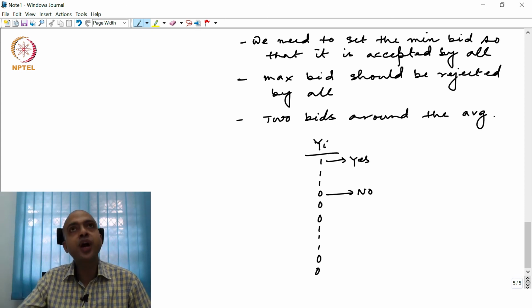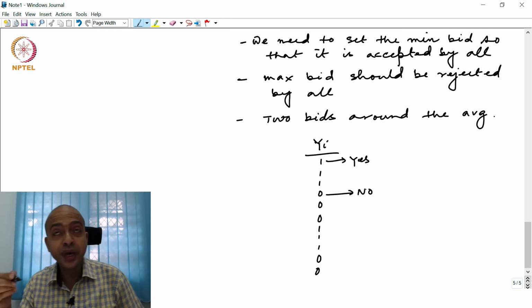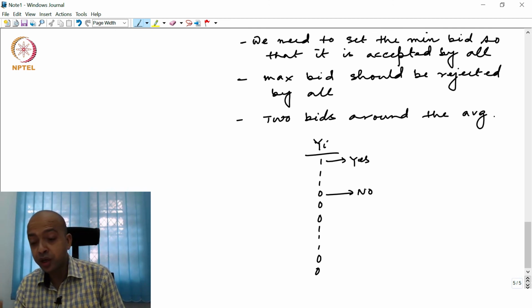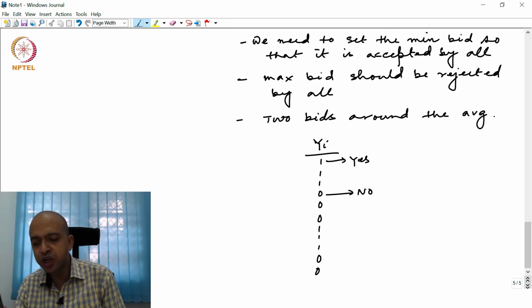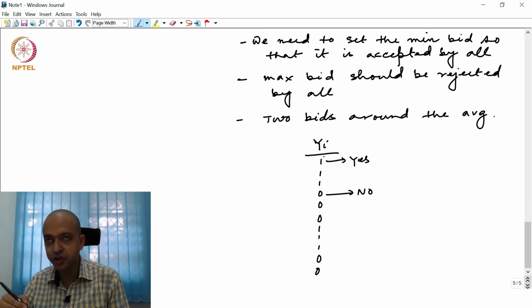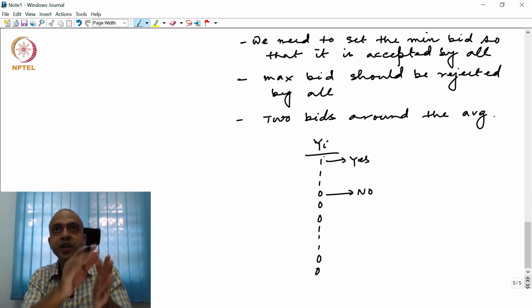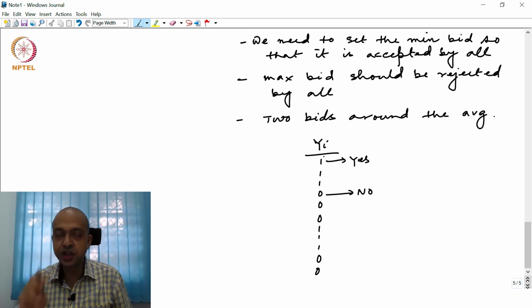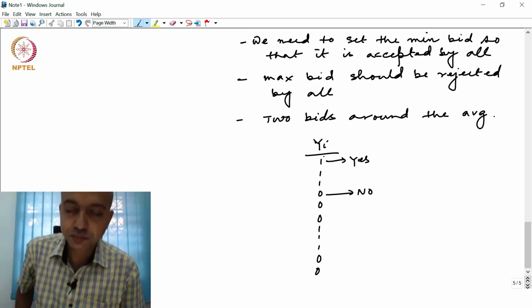So when I go to a household and ask whether you are willing to pay 50 rupees for this additional water, they will either say yes or no. If it is yes, we will note down 1. If it is no, we will note down that response as 0. So you will have only 1s and 0s as your dependent variable when we are estimating the bid function, right?